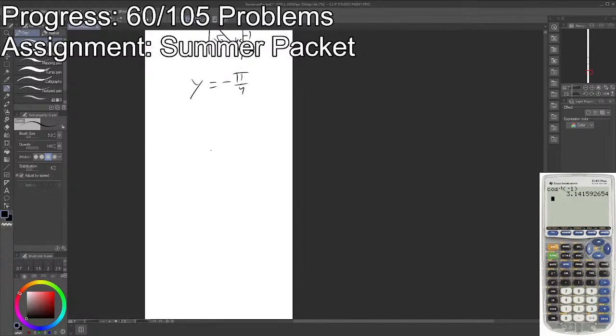Find the value without a calculator. Cos inverse 5 over 6.